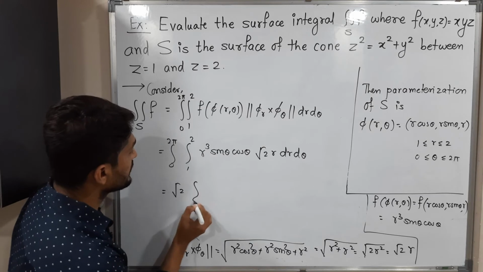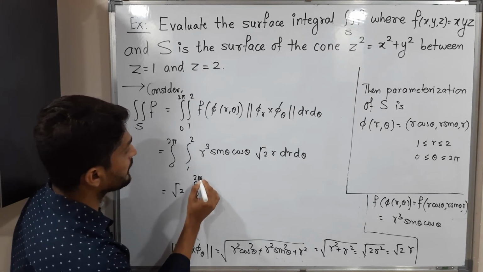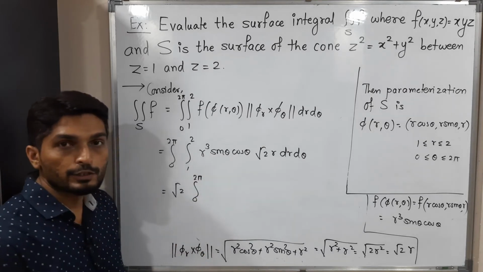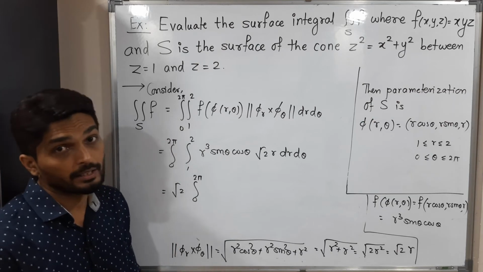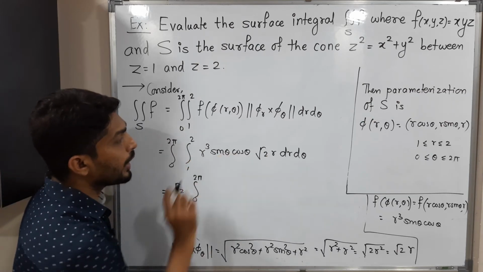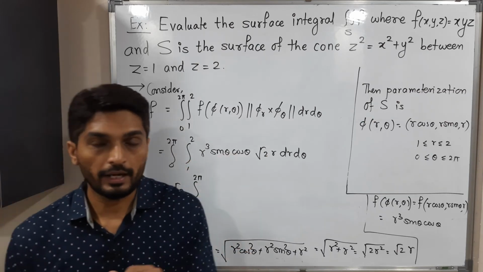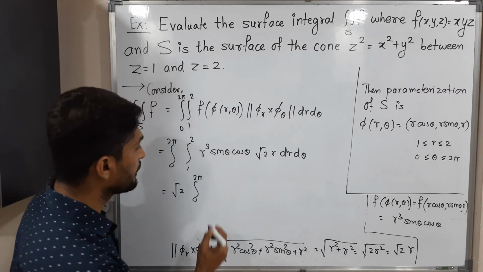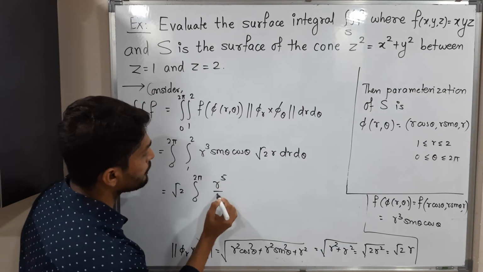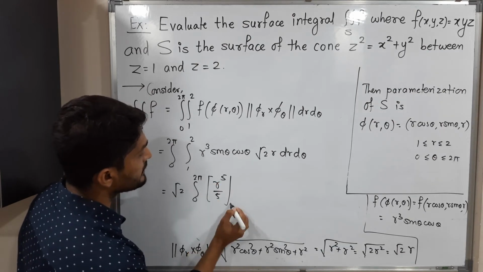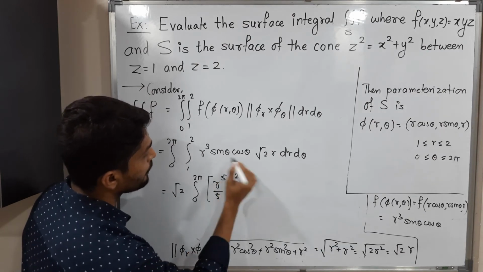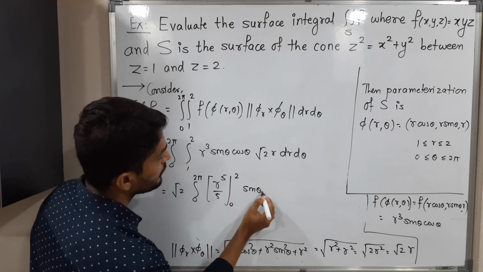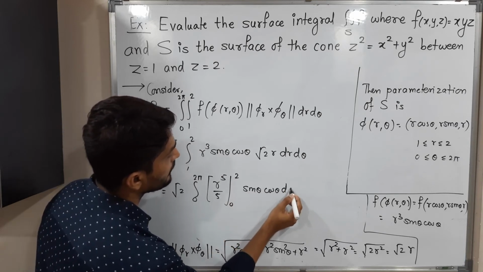Root 2, 0 to 2 pi. First we integrate with respect to r, and then we will go for theta. R cube into r is r raised to 4, and the integration of r raised to 4 is r raised to 5 by 5. So it is r raised to 5 by 5 with limits 1 to 2. We have sine theta cos theta d theta.